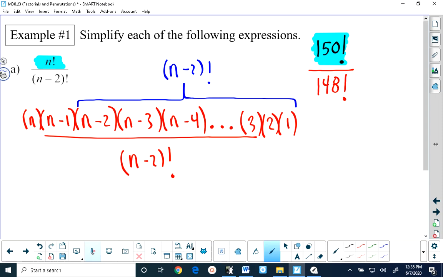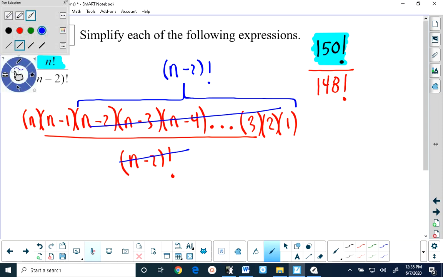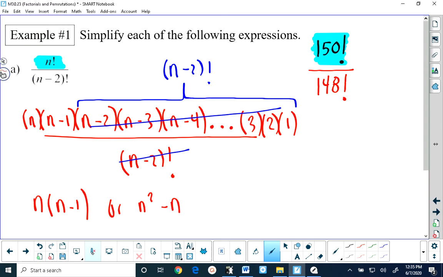And on the bottom, you have an n minus 2 factorial, which means that this n minus 2 factorial and this n minus 2 factorial cancel with each other, and you're left with n multiplied by n minus 1. If you wanted to, I suppose you could expand that out and write n squared minus n. But that is our answer.